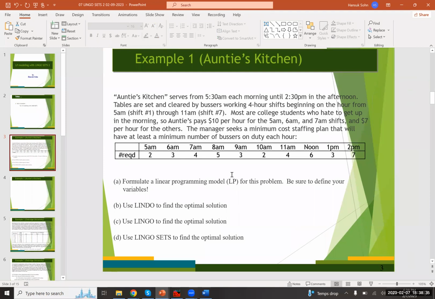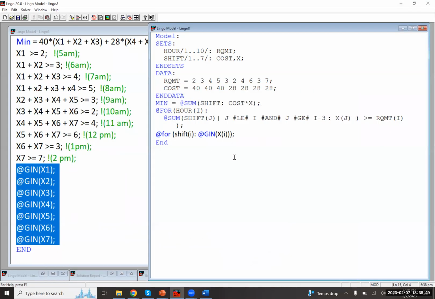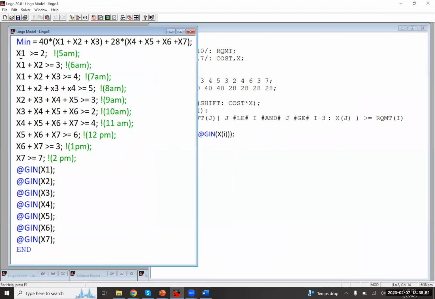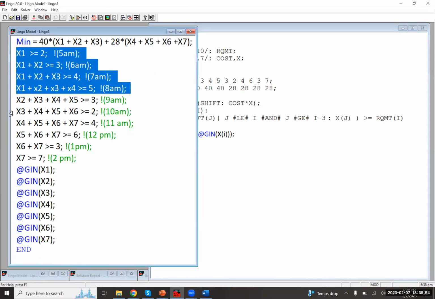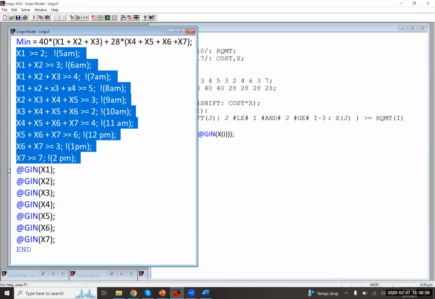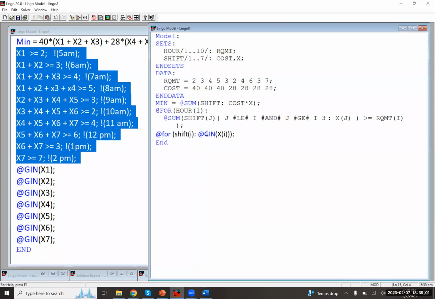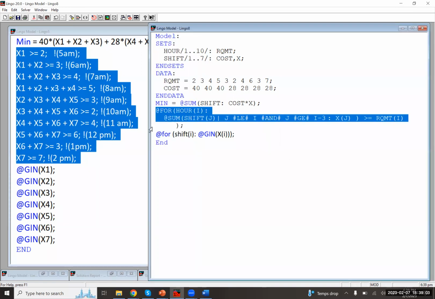With this example, we've seen that LINGO enables us to create how many constraints? 10 constraints, right? 1, 2, 3, 4, 5, 6, 7, 8, 9, 10 constraints by typing just one statement.